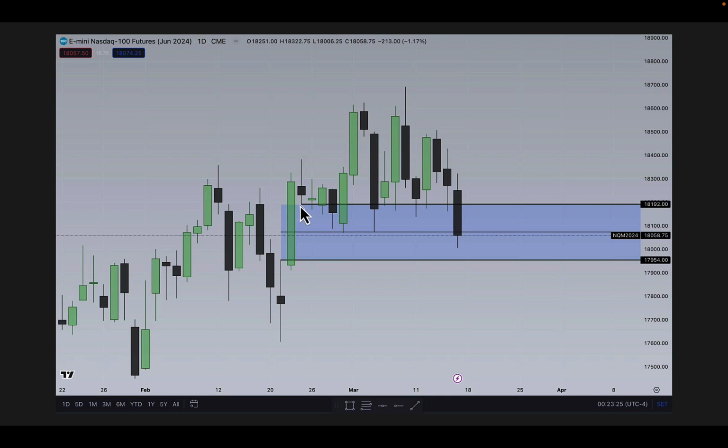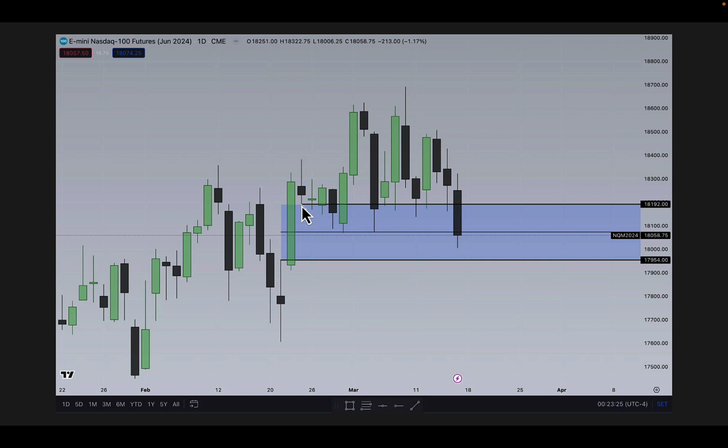Like I stated in the last video, for me, at least personally, I am looking at fair value gaps in quadrants, especially on the higher time frames like the daily chart or a weekly chart or even a 1 hour, 4 hour, which most of the time I don't look too much at the 4 hour. 1 hour is mostly all that I need, and the daily, of course, and weekly.